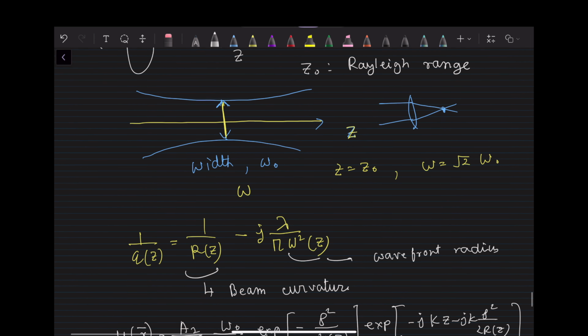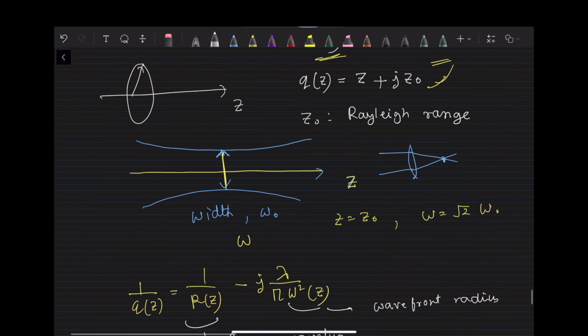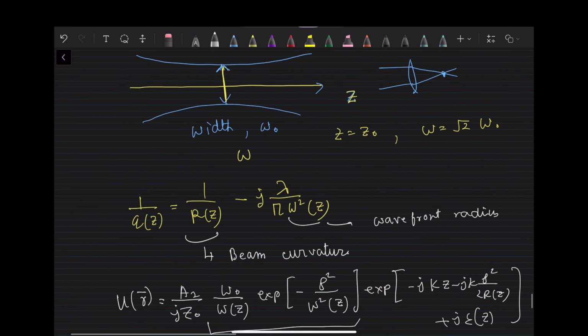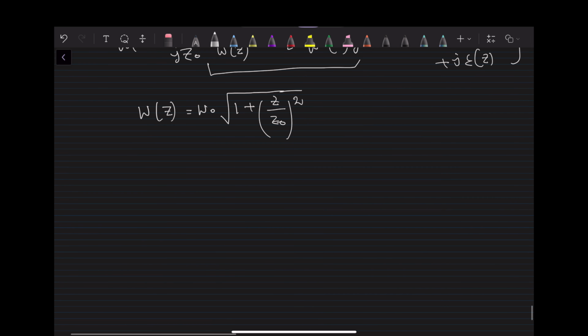Z naught, I told you, is the Rayleigh range. From here you can find that at z equal to z naught, the width becomes root 2 times the minimum value. And why is it important? Because after a while the beam will spread out, and for nonlinear optics you need very high intensity.